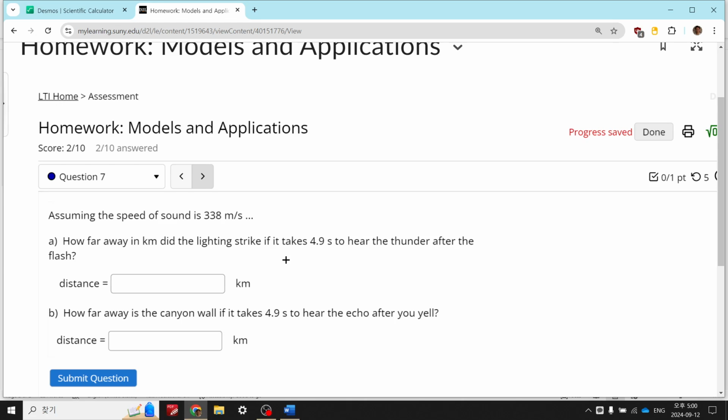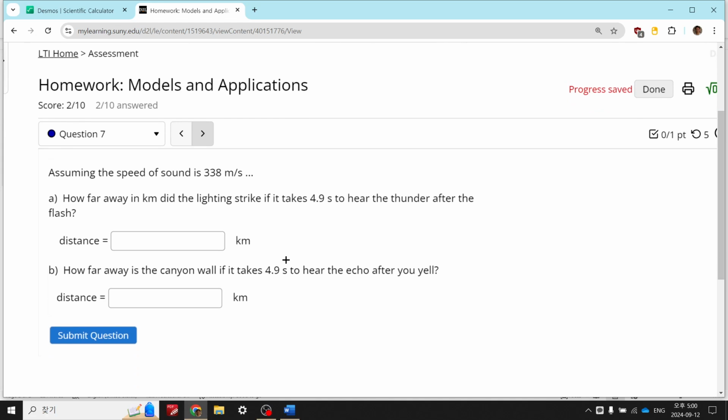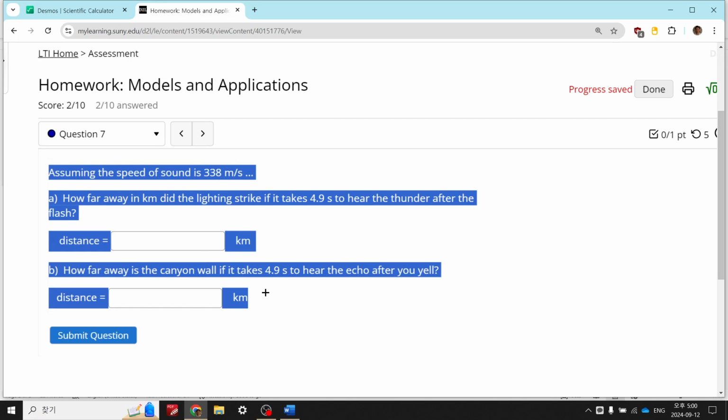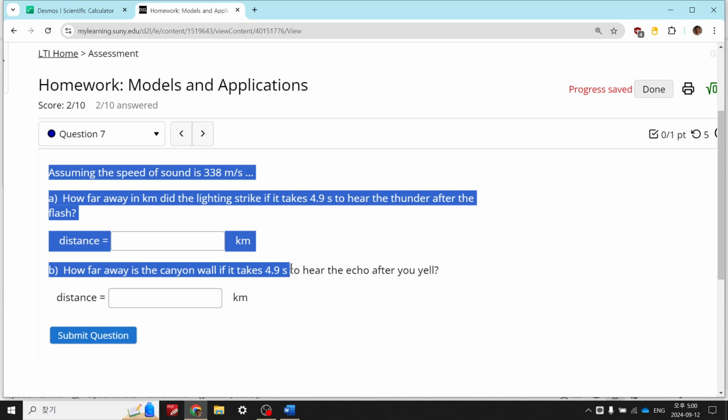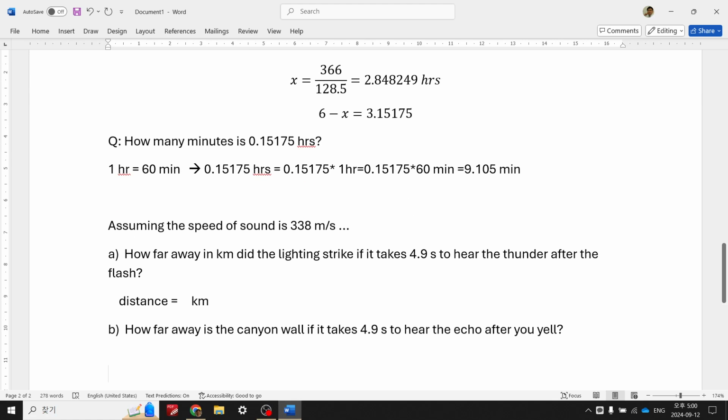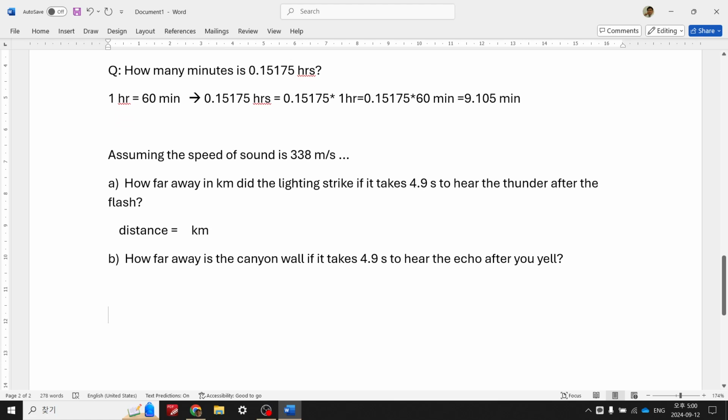Okay, let's just do one more from models and applications. Assuming the speed of sound is 338 meters per second, how far away in kilometers did the light strike if it takes 4.9 seconds to hear the thunder after the flash?